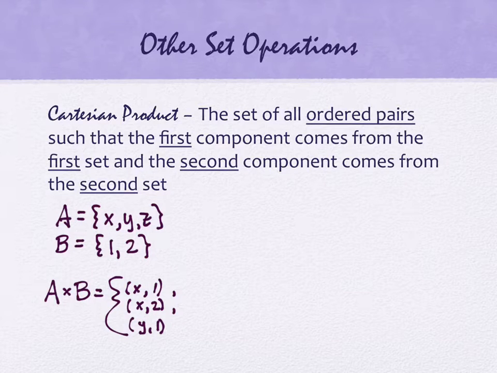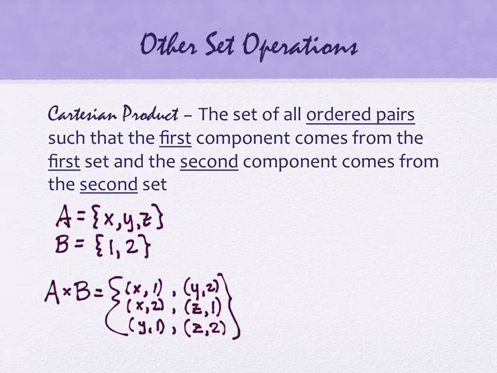And Y2. What's next? Z1. I always put a line through my Z's because otherwise they look like 2's. And the other one would be Z2. Okay, so the first thing is if you're asked to find the Cartesian product, you're being asked to find all the ordered pairs. That's what that means.